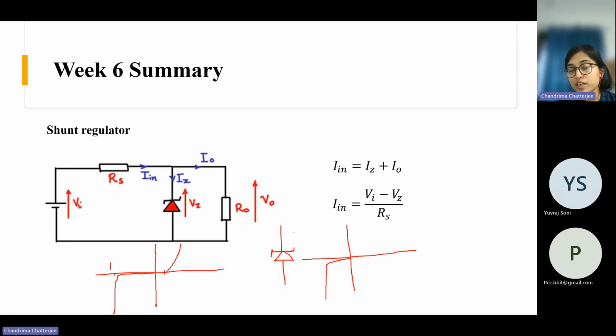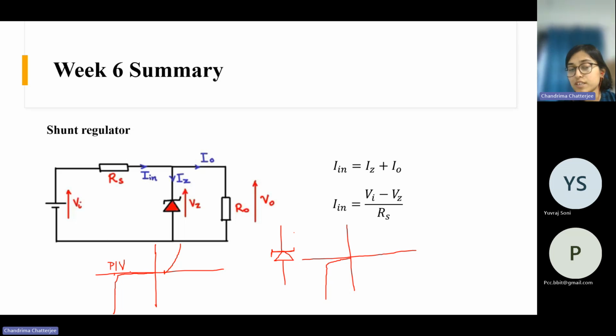So for our normal diode, we always restrict the voltage below the peak inverse voltage. The diode should always block a voltage that is lesser than the peak inverse voltage. But a Zener diode always operates in the breakdown region. So if you see, this is the breakdown region, right? For a normal diode, we shouldn't cross this region.